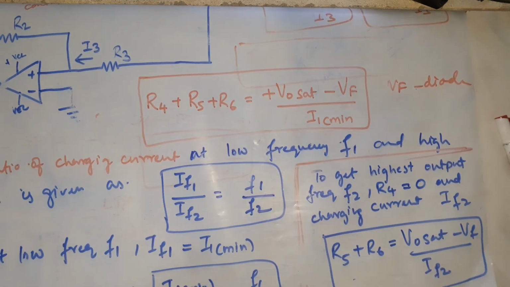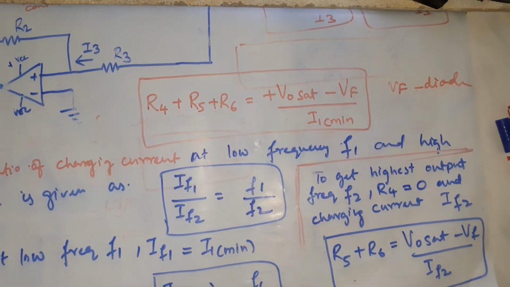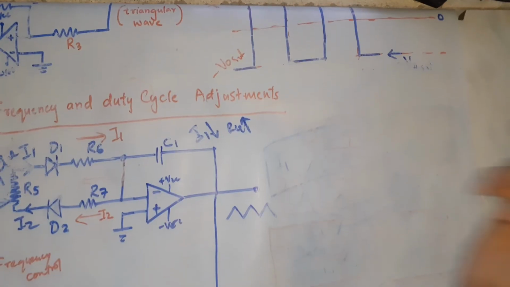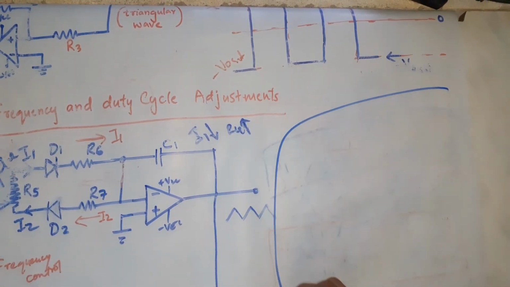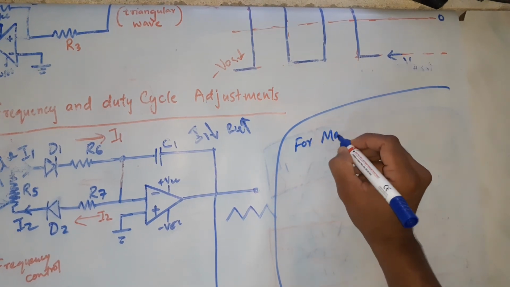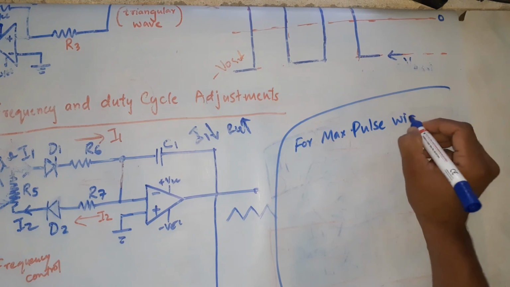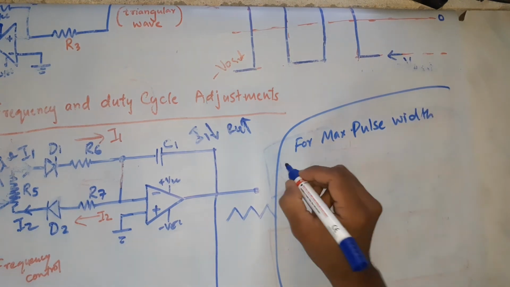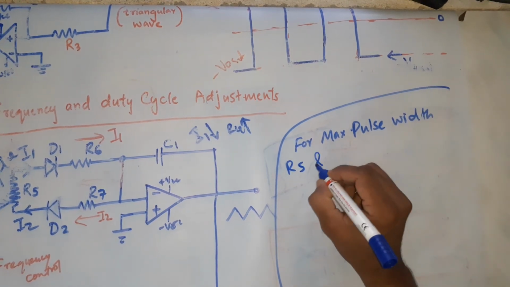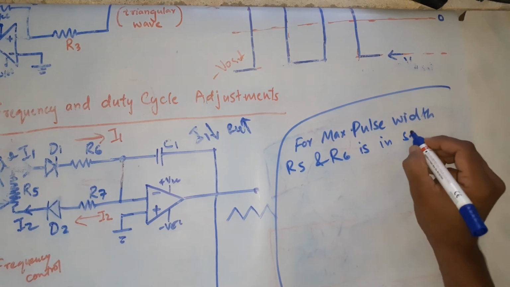Then one last point for pulse width. For maximum pulse width, R5 and R6 are in series.